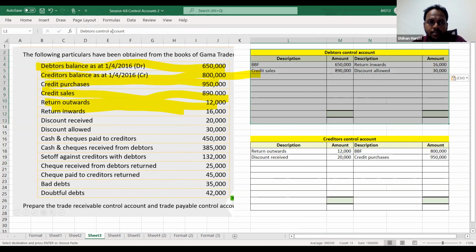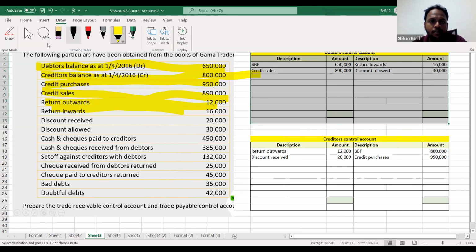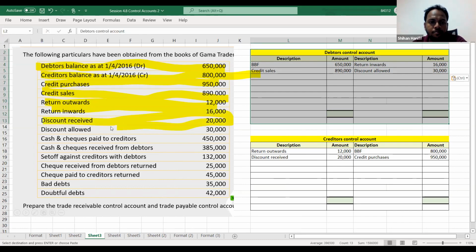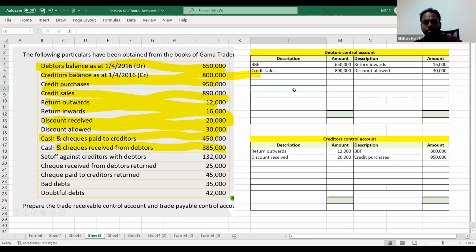Sometimes there are transactions they just give to confuse you. Cash paid, cash received.